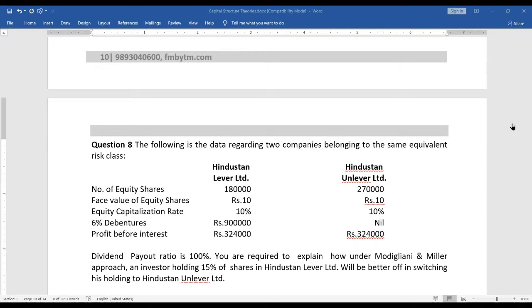Okay. I think the value of the firm, levered firm, is probably 36 lakhs. And the value of the unlevered firm is probably 32 lakh 40,000. Just check it.